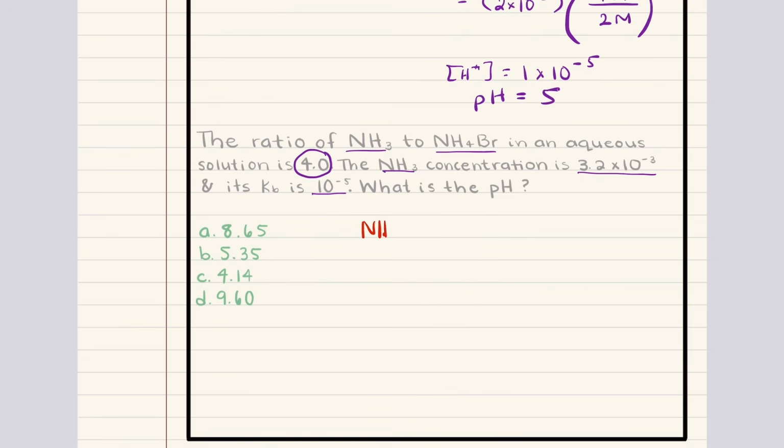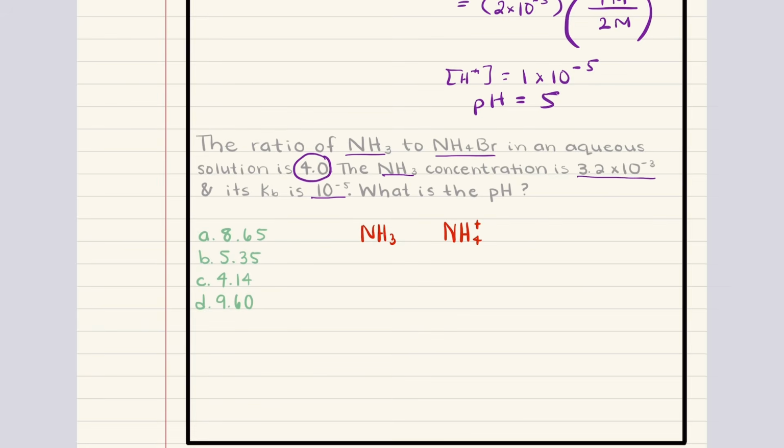Ammonia is a weak base, and ammonium is its conjugate acid. And because both members of the pair are present, this is a basic buffer. For a basic buffer, the hydroxide concentration equals Kb multiplied by the ratio of base to conjugate acid. So we can write that the hydroxide ion concentration equals Kb times C sub B over C sub A.